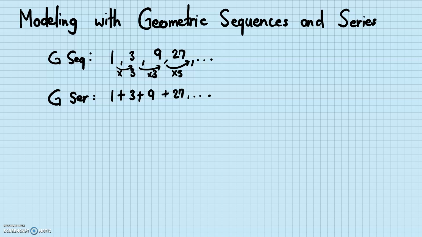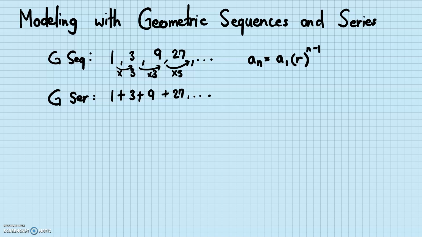And we know the formula for both of these. To get the nth term of a geometric sequence, a sub n, the nth term, equals the first term times the common ratio, r, to the n minus 1 power.